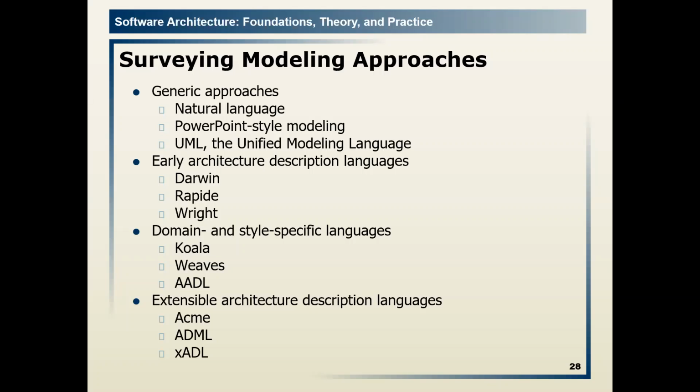Now we will look at a few examples of these extensible architecture description languages, because these days, when you are doing web-centric architectures, supporting XML sometimes becomes important. These extensible architecture description languages allow you to extend the architecture into a programming language. So ACME, ADML, xADL.